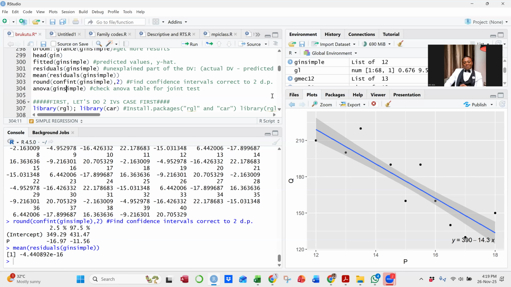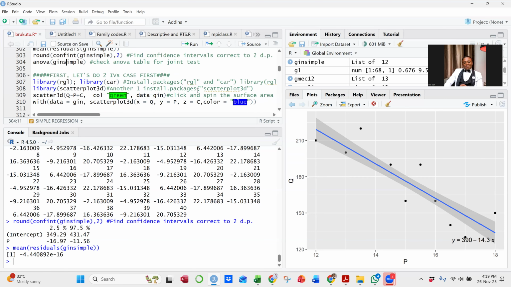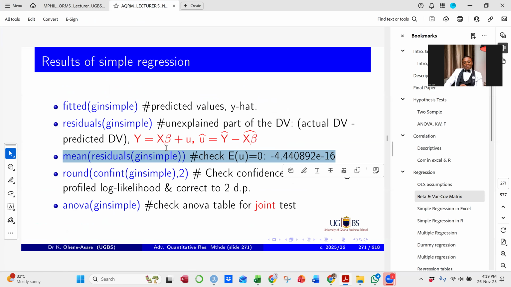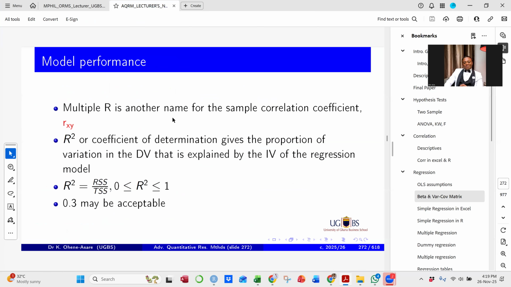So those are the basics of the regression that you should know about. All of these are in the slides. And then you can check the performance of the model. How do you check the performance of the model? You use something called the R-square, which is the regression sum of squares divided by the total sum of squares.